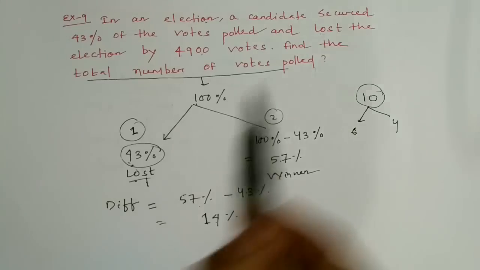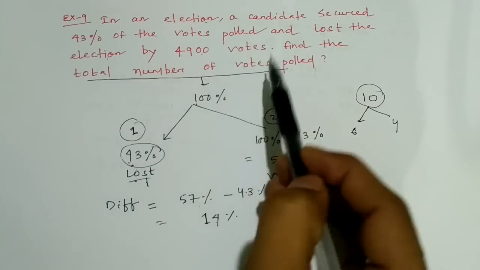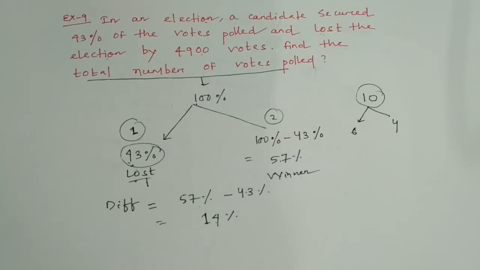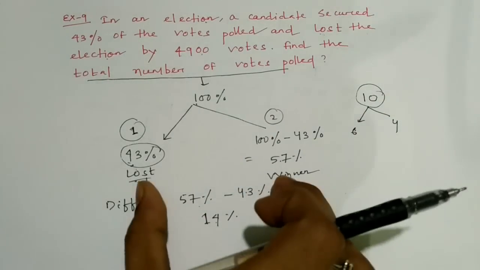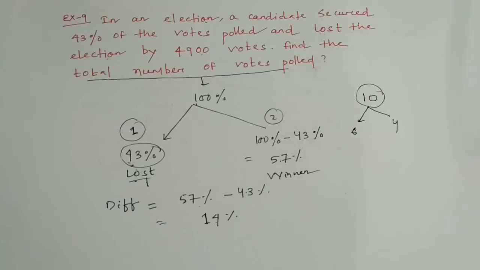Just remember, losing the election by 4900 votes means the difference between the winner and the loser is 4900. So first we have to find the difference in percentage, that is 14 percent.